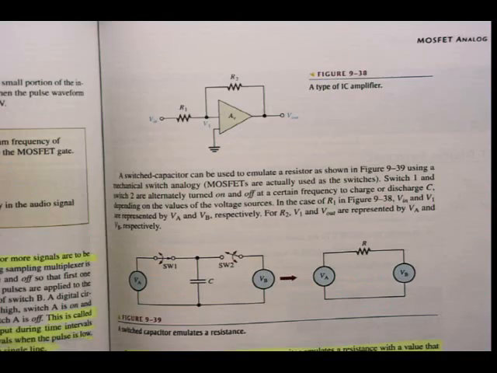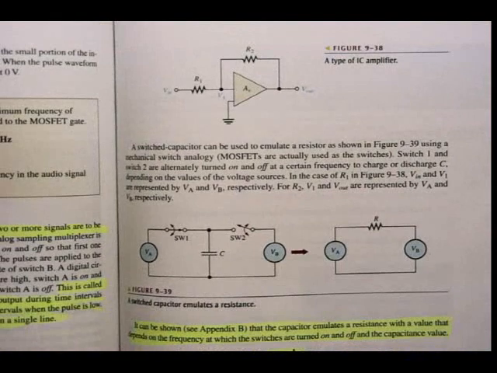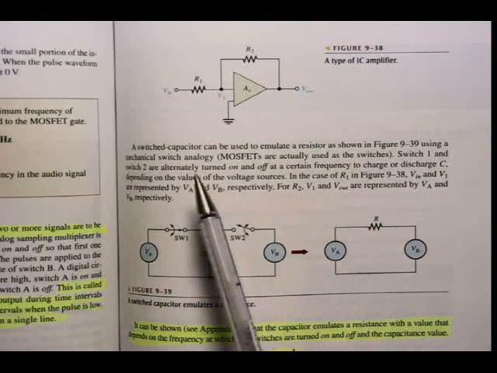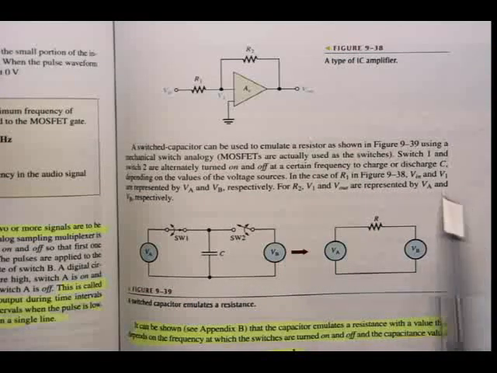All right, if we refer back to the textbook, a switched capacitor can be used to emulate resistors as shown in figure 9.39, using a mechanical switch analogy. MOSFETs are actually used as switches, as we will see a bit later.